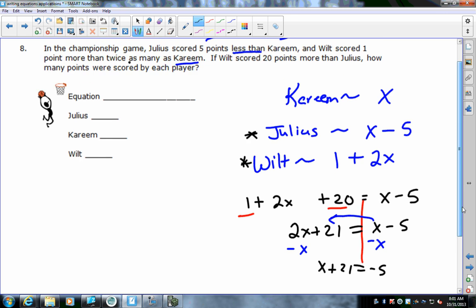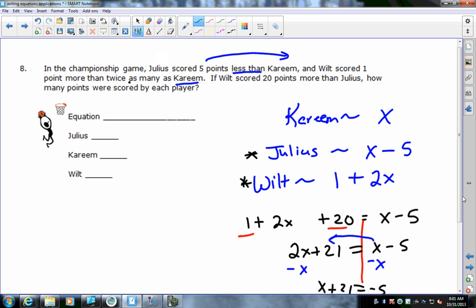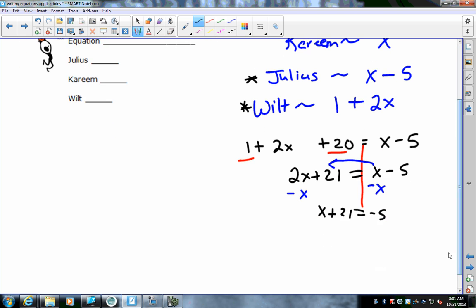Let's see. Does a 20 go on the other side? Because it says Wilt scored 20 more points than Julius. So whatever Julius scored, add. Okay, let me point something out. I'm solving this right here, and look what happens when I finish it out.